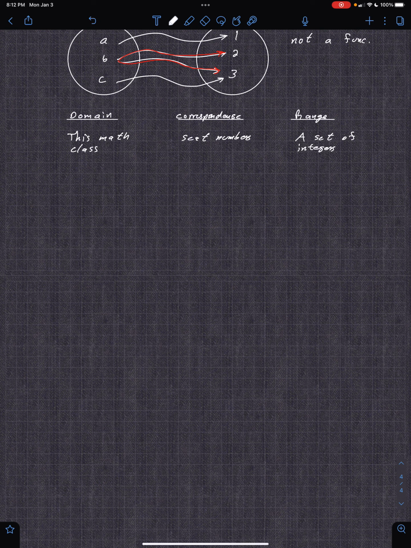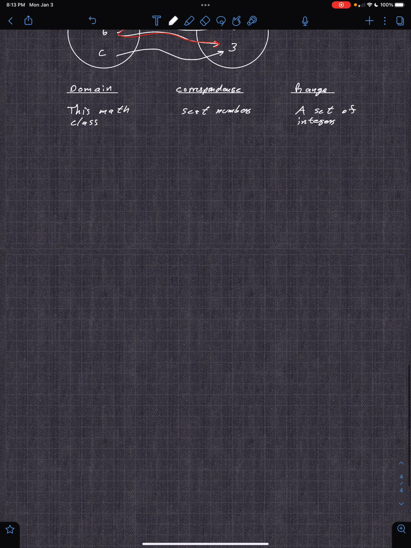So picture a class of all of us sitting down in the class, and then you have a seat number as a correspondence. So you're sitting in a seat number. And so 1, 2, 3, 4, whatever they might be defined to be. The range would be the set of numbers, set of integers, actually, because you don't have half of a desk or something.